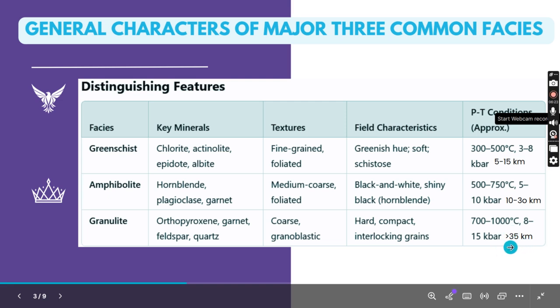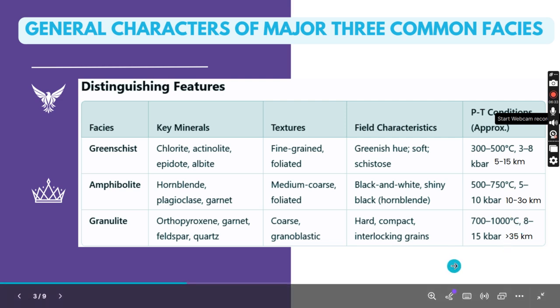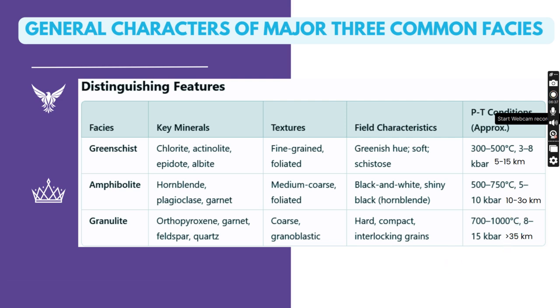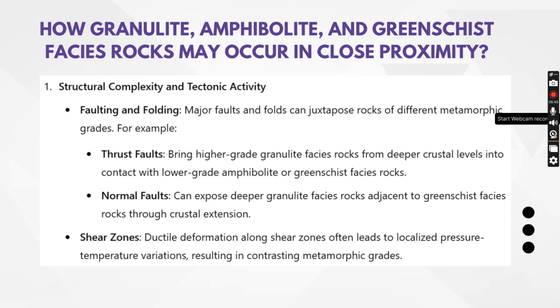So it is a widely specified occurrence for graphite, granulite, amphibolite, and greenschist. Whenever we get these three in close proximity, that certainly indicates something unusual. So what are the major factors which can cause this?